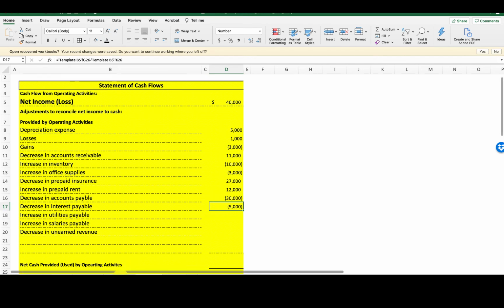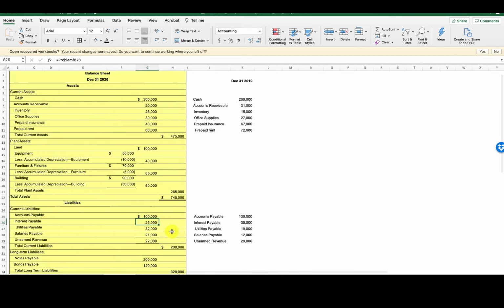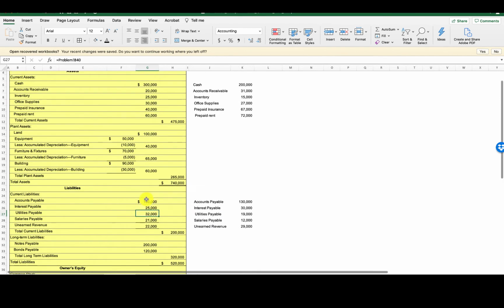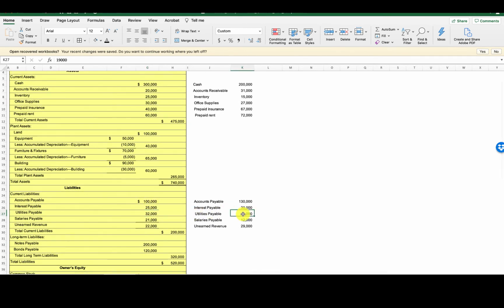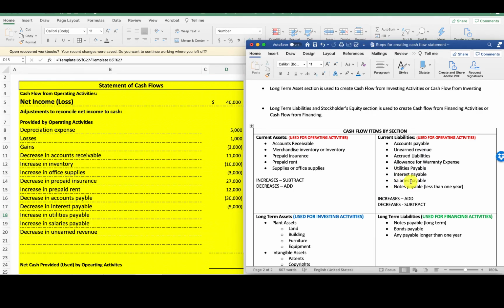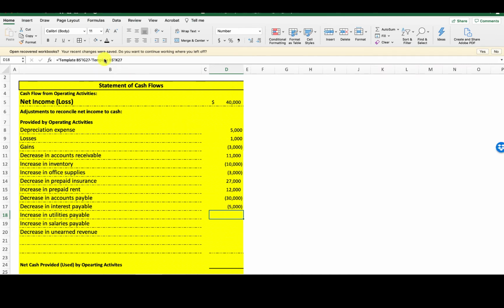Let's look at utilities payable. Utilities payable, we have 32,000 in 2020 and 19,000 in 2019. So we increased, right, by about 13,000. So what do we do? If we have an increase in current liabilities, I add. So I'm going to add 13,000.